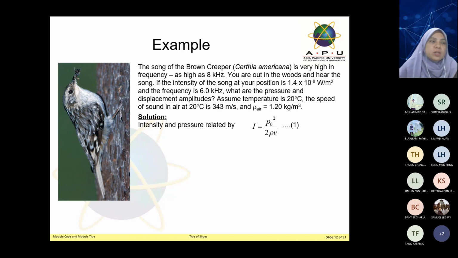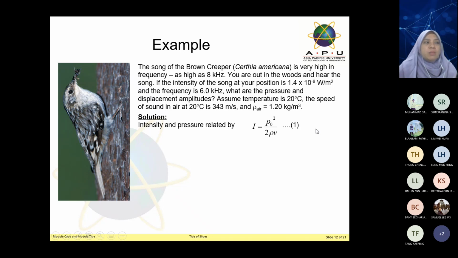So pressure is P, displacement amplitude is S0. Assume temperature is 20 degrees Celsius and the speed of sound in air is 343 meters per second, and the density of air is 1.2 kilograms per meter cubed.